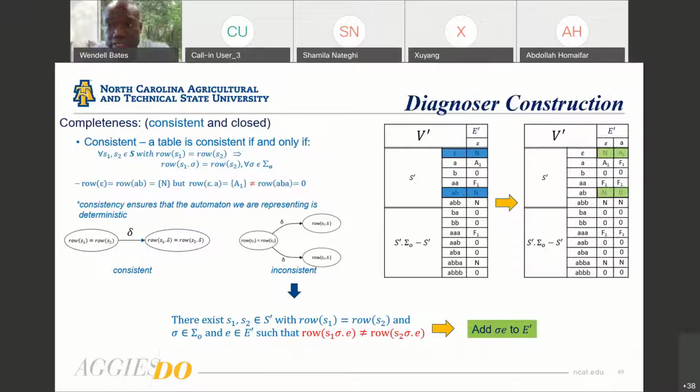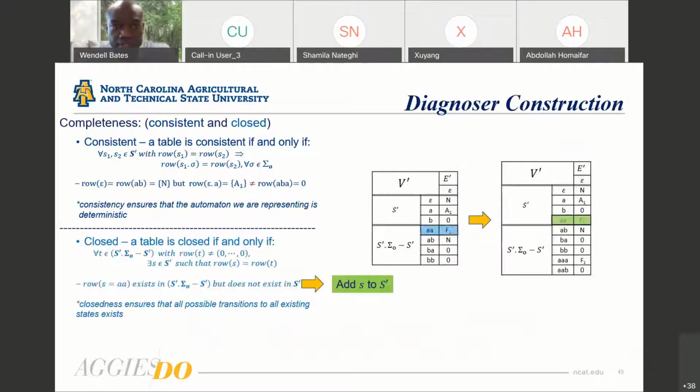If it does, then you add that event to the set E prime, and then continue to construct your table and fill it out accordingly. And so consistency ensures that the automaton we're representing is deterministic.